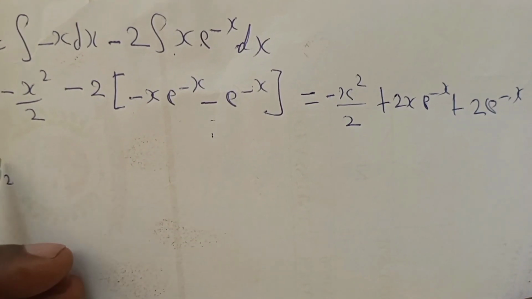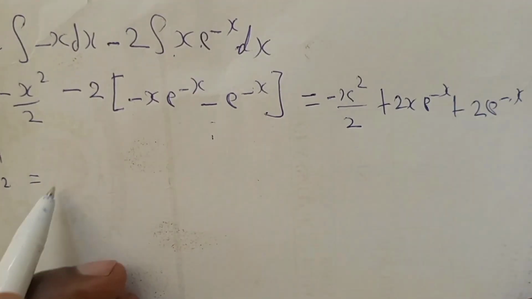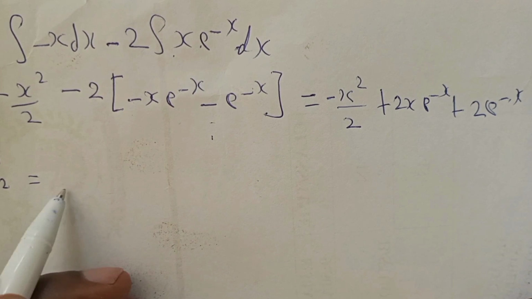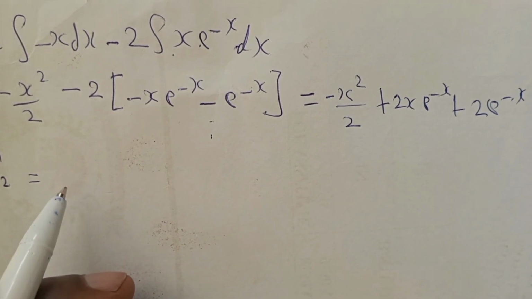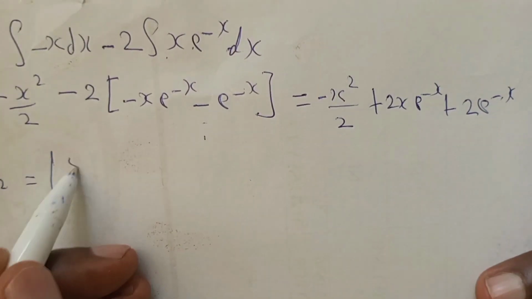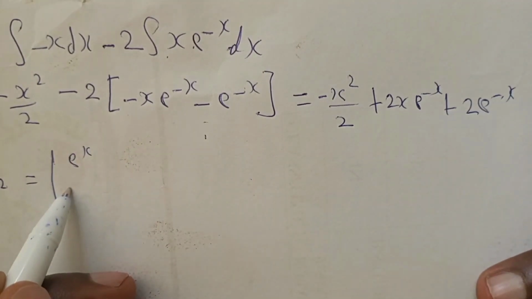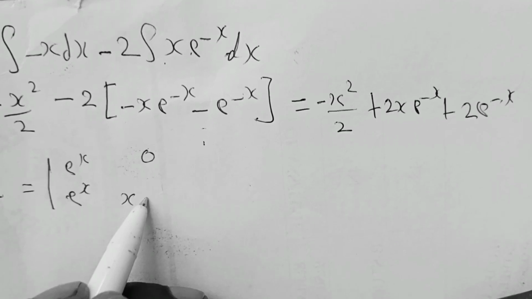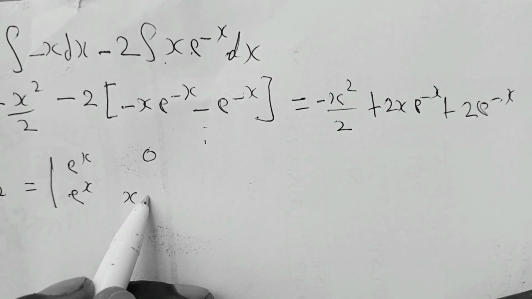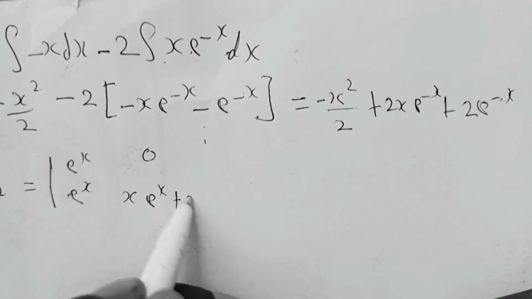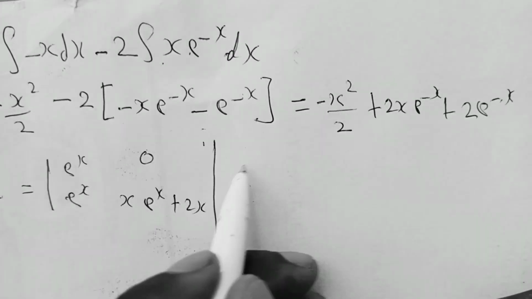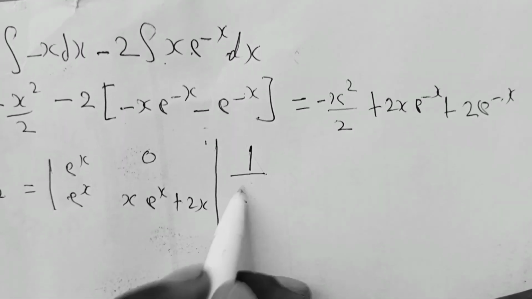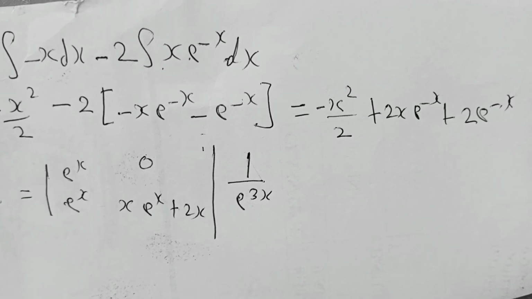Our u2 will be given by the following: the determinant with exponential x, 0, x exponential x plus 2x, over the Wronskian, which is exponential 3x.